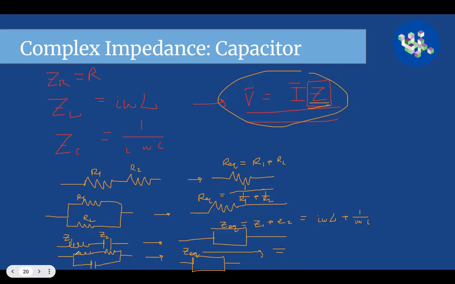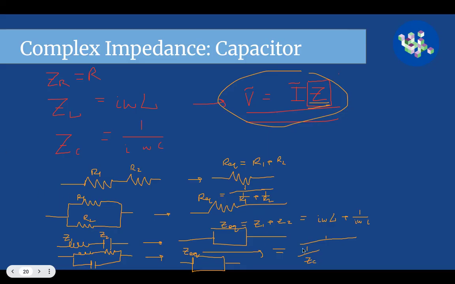The Z equivalent will be equal to, okay, I have an inductor and a resistor in series, right? And it's in parallel with the capacitor, right? So the Z equivalent would just be 1 over, oh, let me draw that one just to keep space. 1 divided by, okay, first 1 over the complex impedance of a capacitor, right?